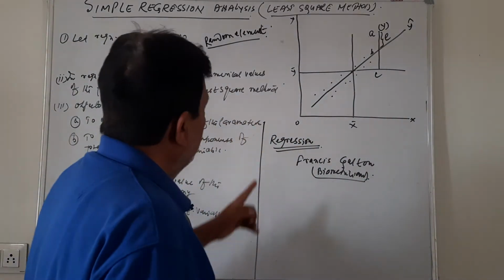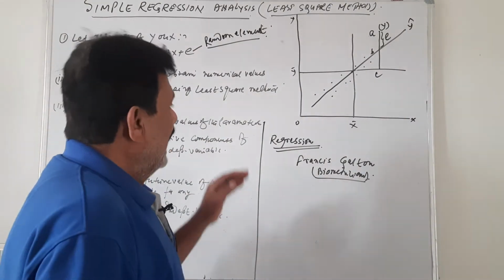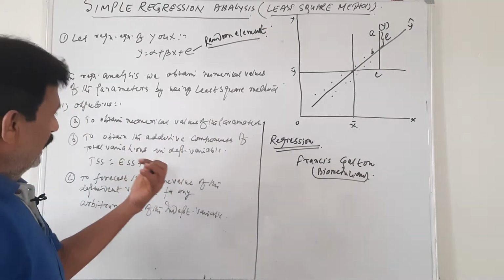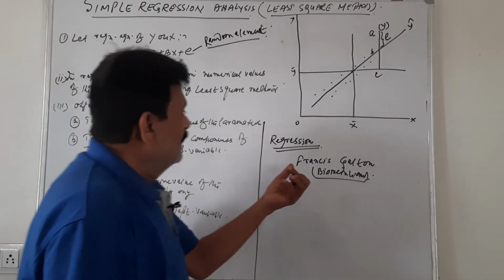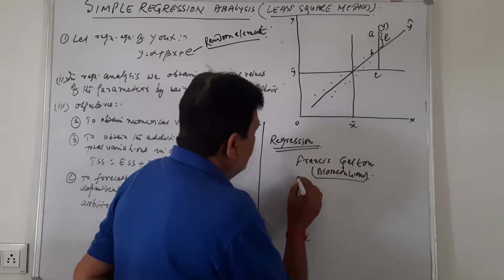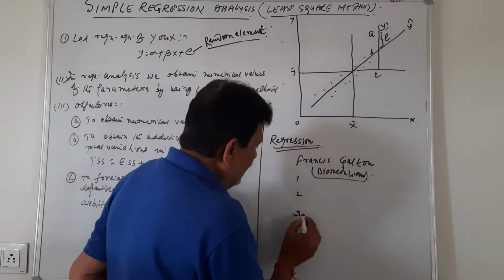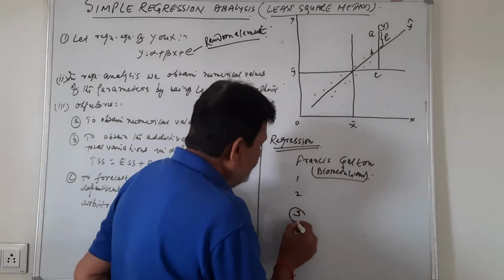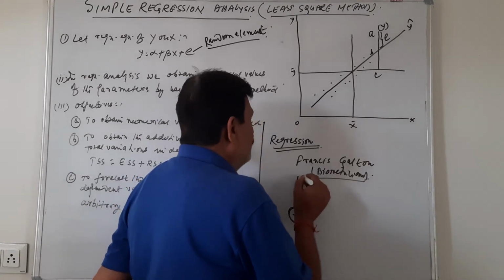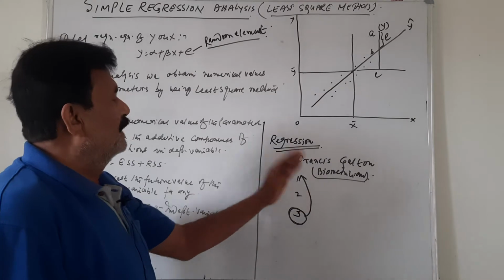Regress means to get back, to retreat, and this meaning of regression has nothing to do with statistics. What Francis Galton meant was that if you take the first generation, second generation, third generation, he found that the heights of the third generation get back to the average heights of the previous generations. So, regress means to get back.